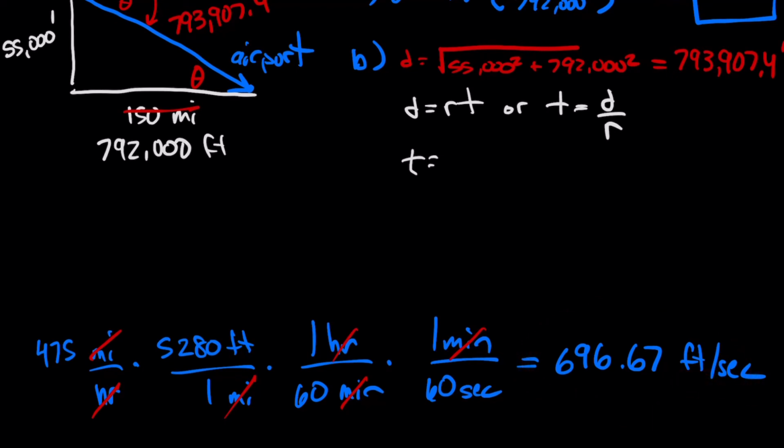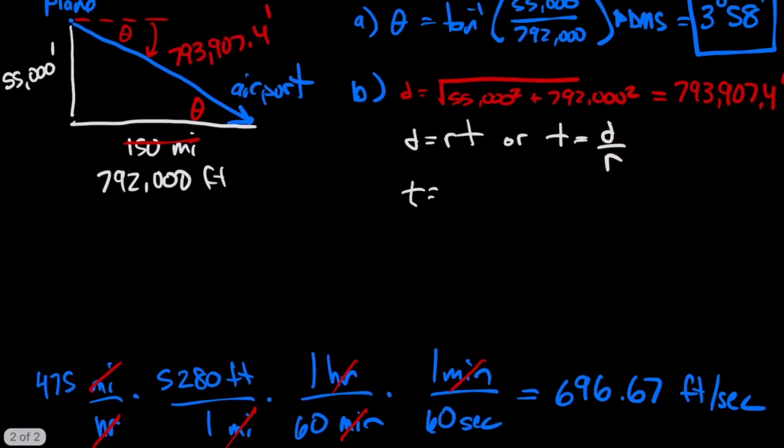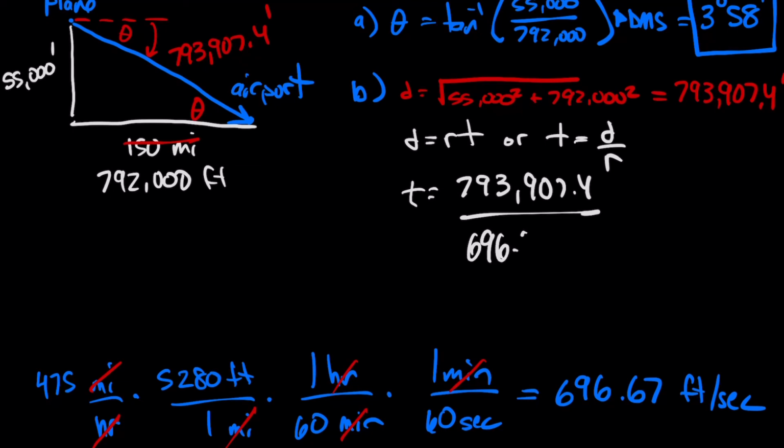That is the ground speed of the plane in feet per second, which now matches my units up above. So I can go back to this formula. I'm going to take the total distance, 793,907.4 feet, and divide it by my rate, which is now 696.67 feet per second. When you divide this out, the feet cancel, and you're just left with seconds.